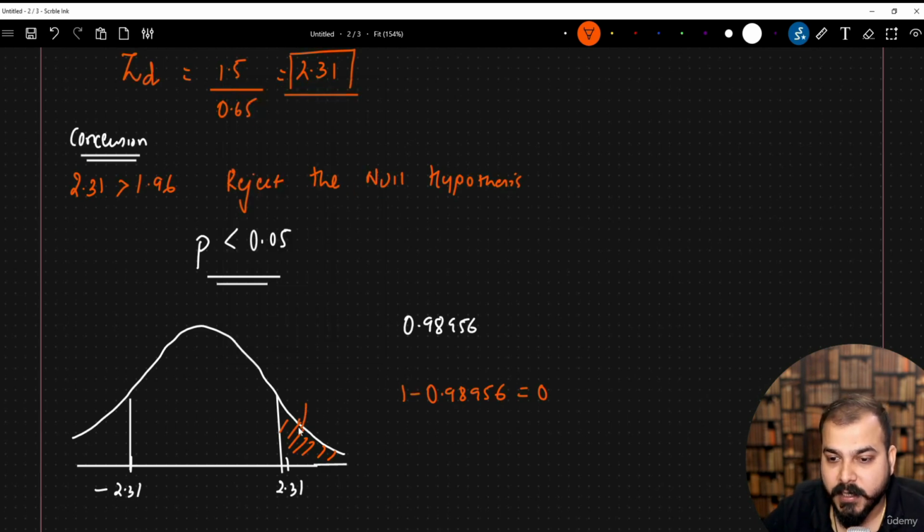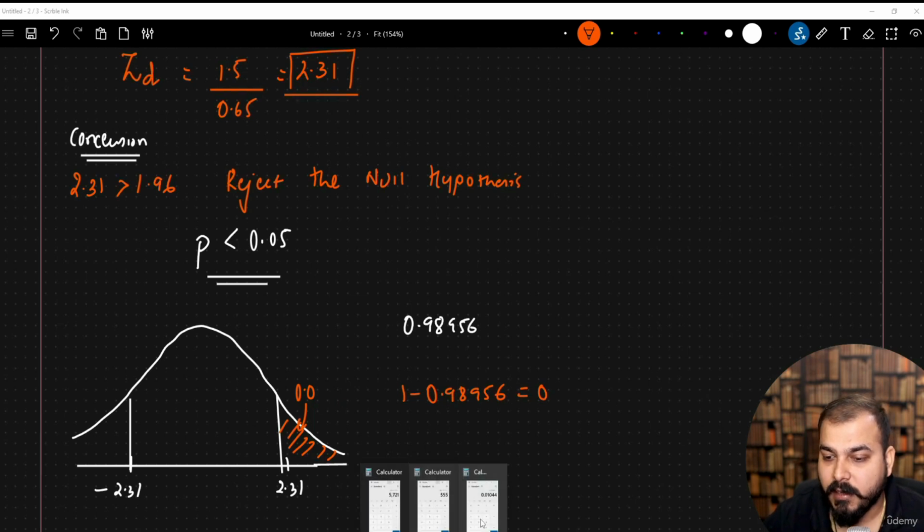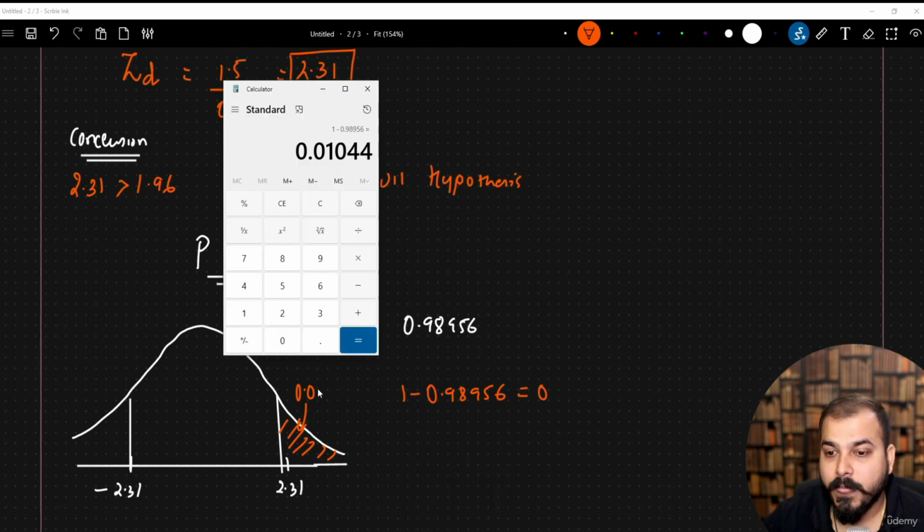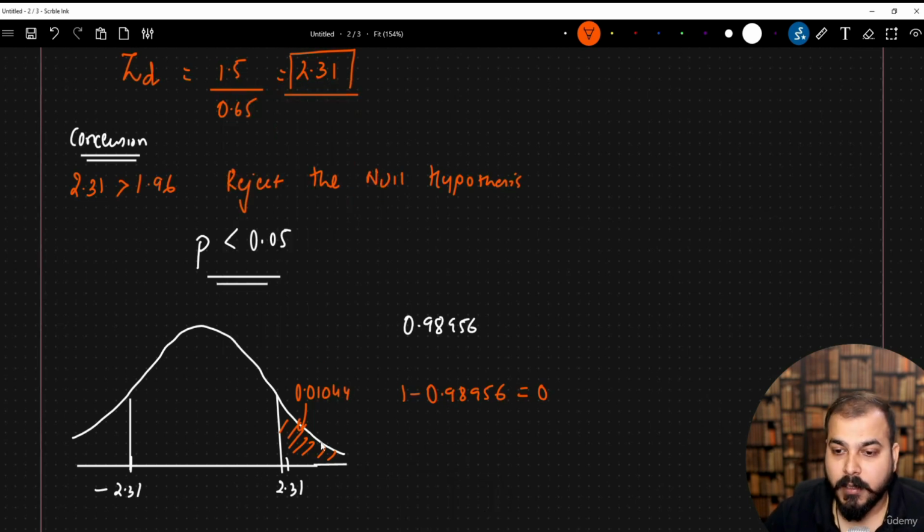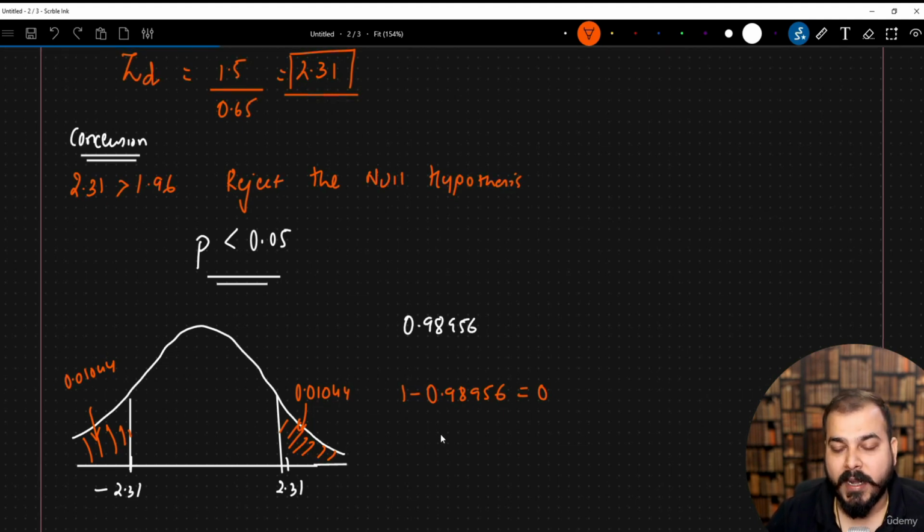So this area that you'll be seeing is nothing but 0.01044. Now this area is equivalent to this area, so this area will also be 0.01044. And the remaining area, the entire middle one, will be nothing but this plus this subtracted from 1, right?